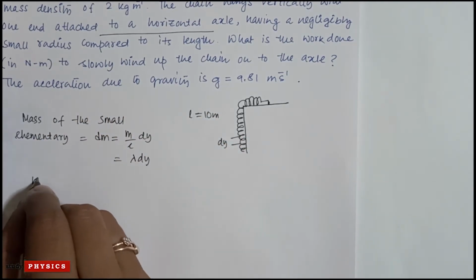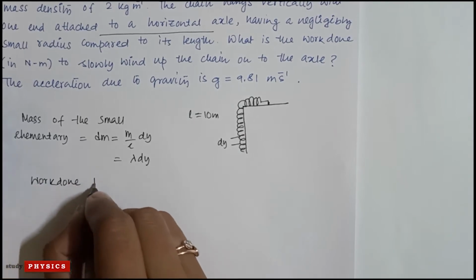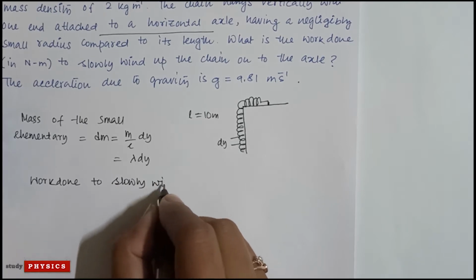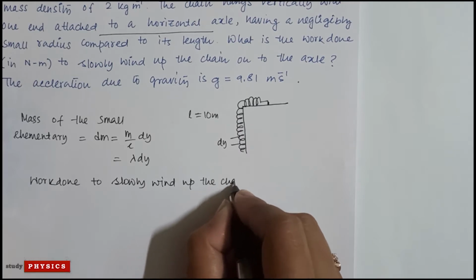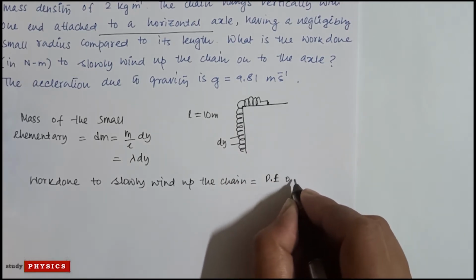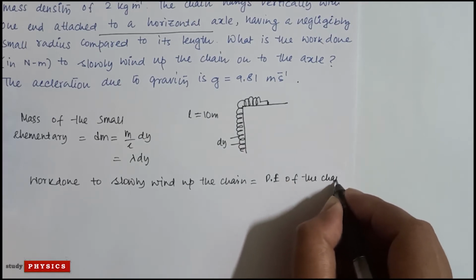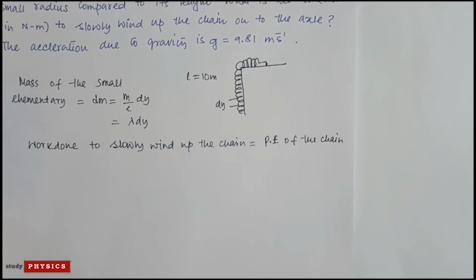They have asked for the work done to slowly wind up the chain on the axle. So the work done to slowly wind up the chain is equal to the potential energy of the chain. So we'll find the potential energy.